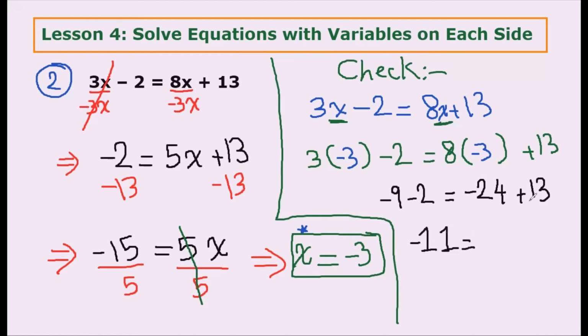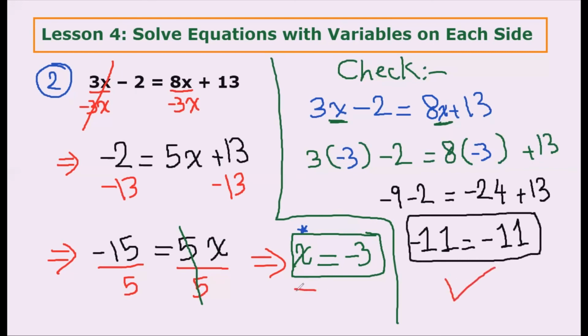Negative 24 plus 13, these are different signs. So we put the sign of the greater, and because they are different signs, we subtract. If we subtract 13 from 24, we can see that it is equal to 11. Negative 11 is equal to negative 11. So this statement is true. Therefore, our solution here, x is equal to negative 3, is correct.